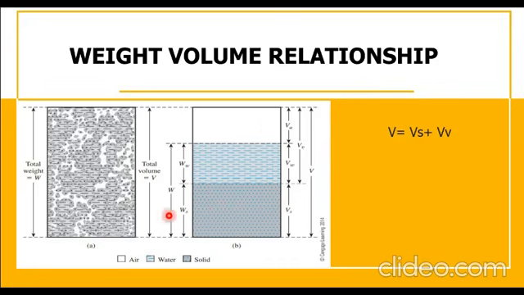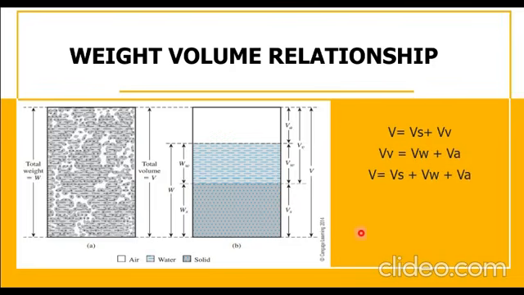So we know that the volume of voids can either be occupied by water or air, or both. That's why volume of voids is equal to volume of water plus volume of air. When it's completely saturated, volume of voids will only be equal to the volume of water. Or if it's completely dry, the volume of voids will only be equal to the volume of air.